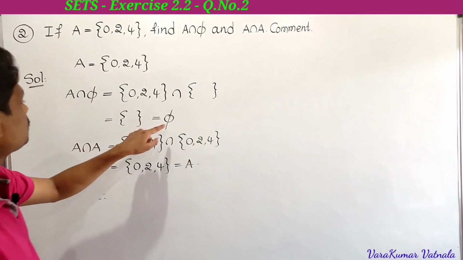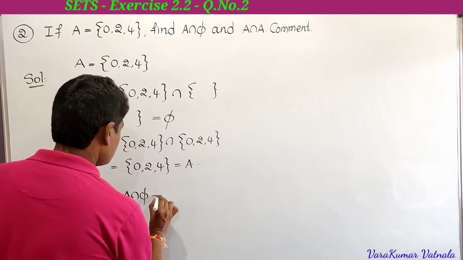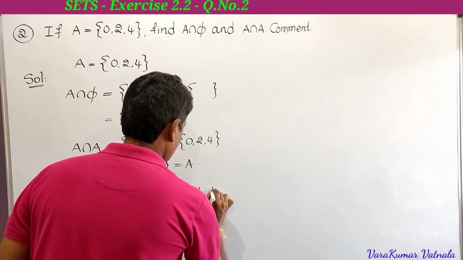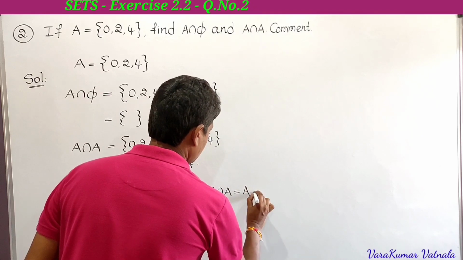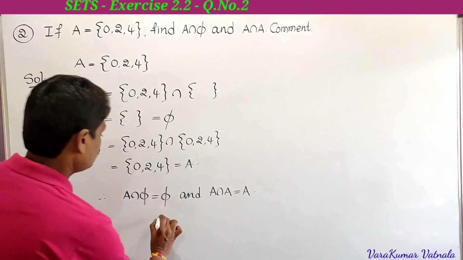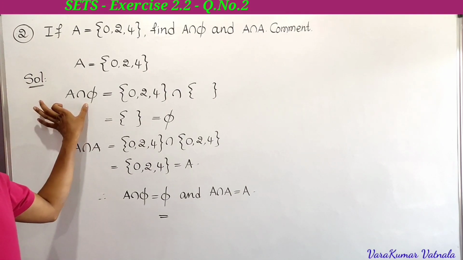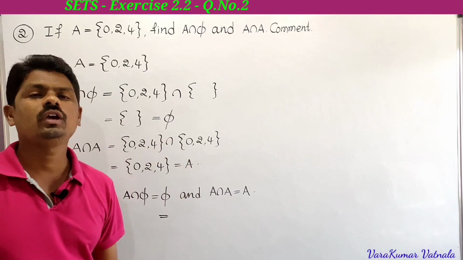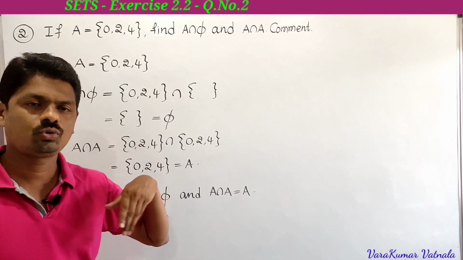A intersection phi is equal to phi, and A intersection A is equal to A. So this is the second problem in exercise 2.2.